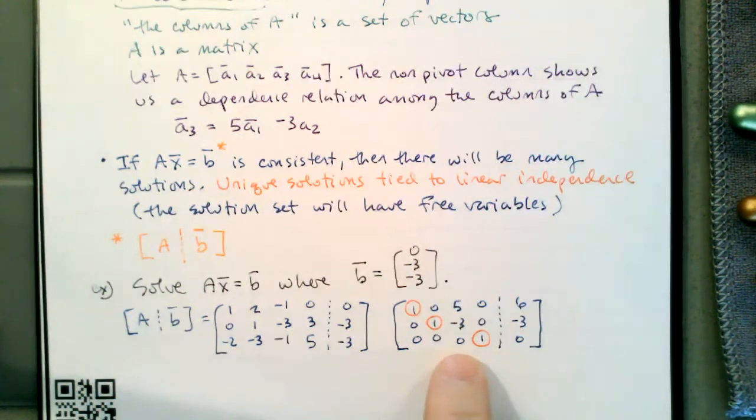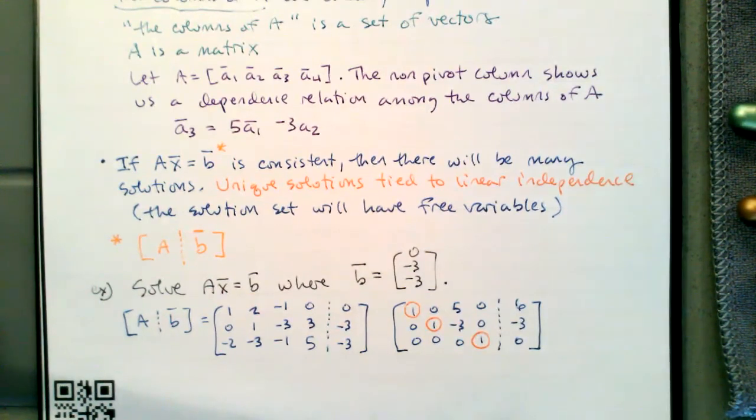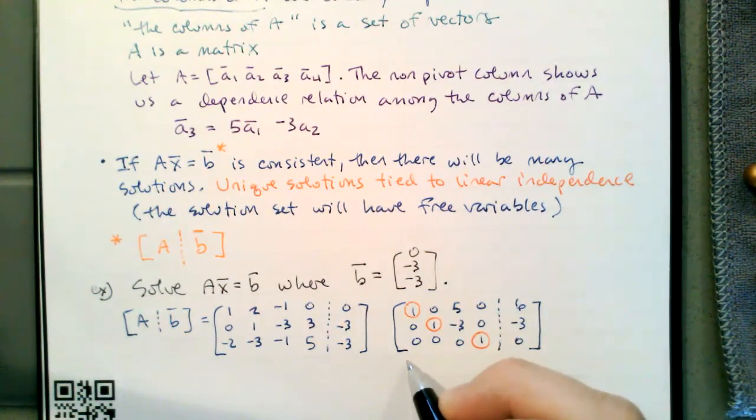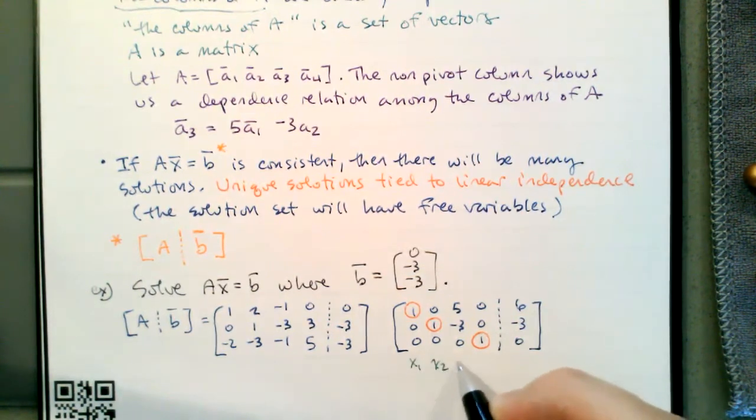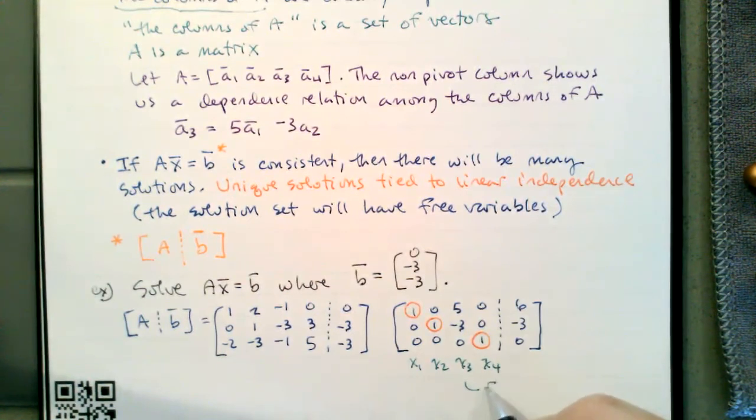And we can see that there are going to be many solutions because of this non-pivot column. X3 is a free variable. So this is going to correspond to X1, X2, X3, and X4. Free variables mean many solutions.